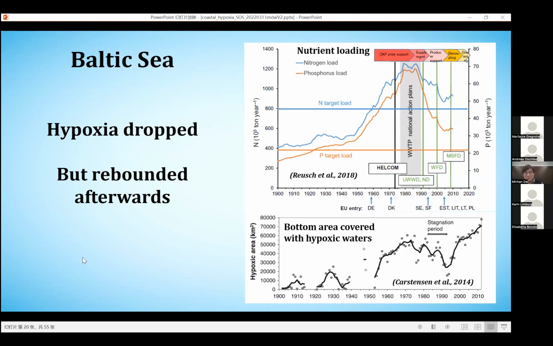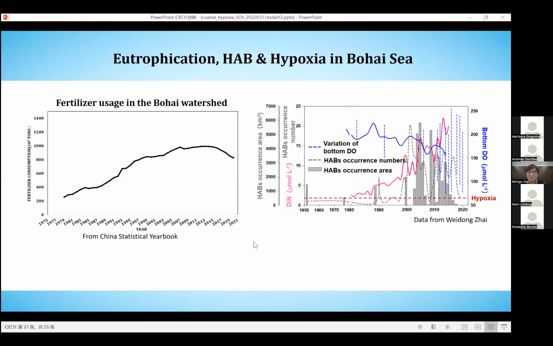And probably some of you are familiar with the Baltic Sea. As I showed, the fertilizer usage reduction actually happened in the 80s, and the peak emission of the nutrient started there. And then you have the declining nutrient input, and you see the drop of hypoxia, and then this rebounding. So again, it's a nonlinear response.